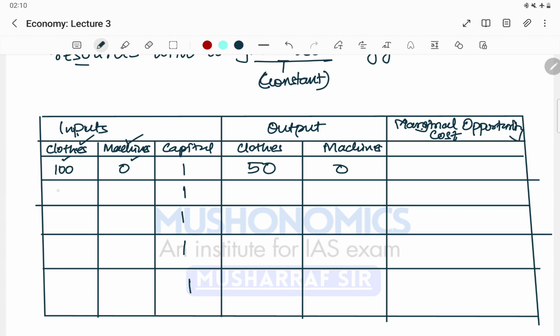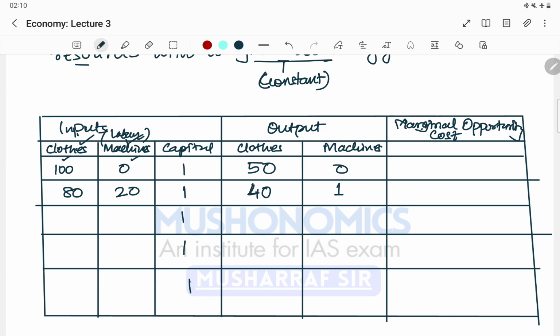Now we are decreasing labor from clothes, and we are diverting labor for machines. So we have diverted 20 labors to the machine. What is the effect on output? Suppose clothes have declined to 40, and we produce 1 machine. So we are changing inputs and witnessing the impact on output.